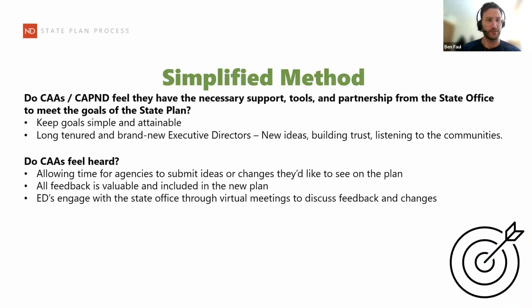I keep those goals simple and attainable, as Karen mentioned, from a really high point of view, broad. And so they have more focused goals within their community action plans, that we meet. Having the state plan's goals simple and attainable just really helps.